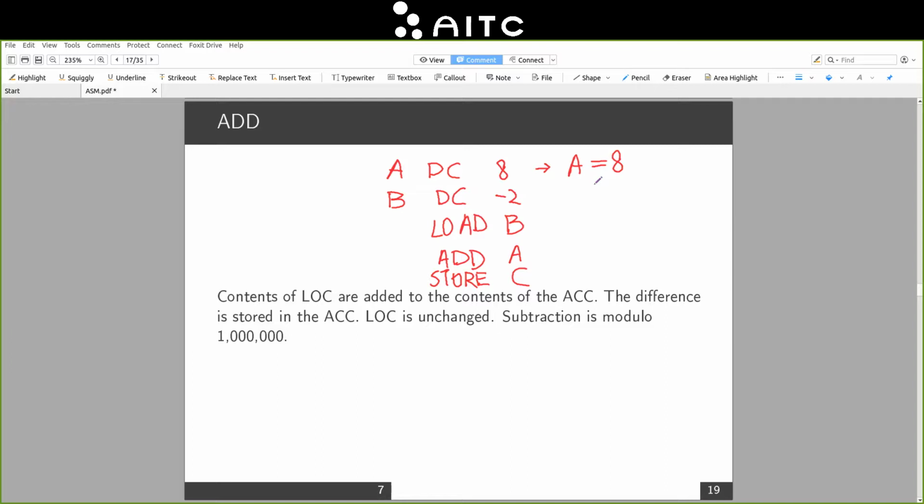You should answer the question: what will be the value of C? Let me look at what I did before.